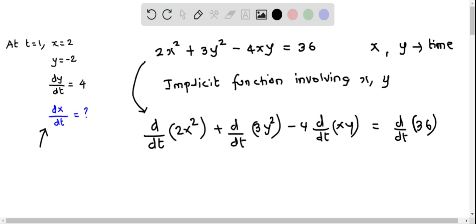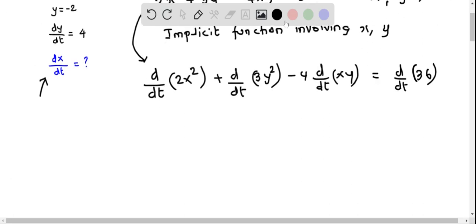Now let's continue. We are going to find the derivative of 2x squared with respect to time. We have to apply the power rule as well as the chain rule. First let me factor out all the constants using the constant multiple rule. I have a constant 2 over here, a constant 3 over here, and I already factored out the 4 from the xy term.